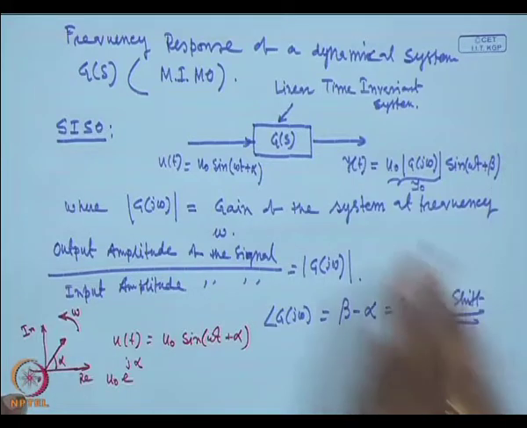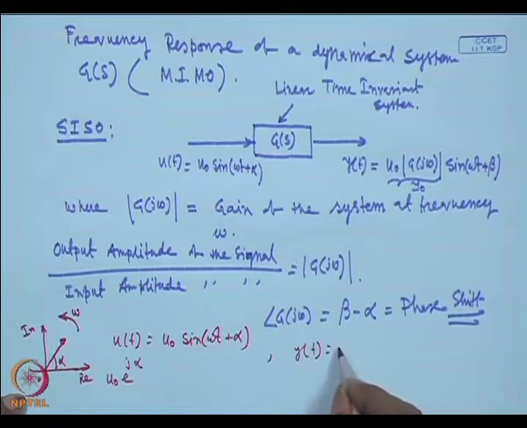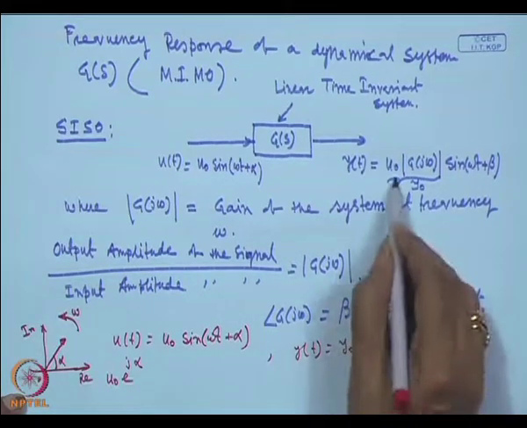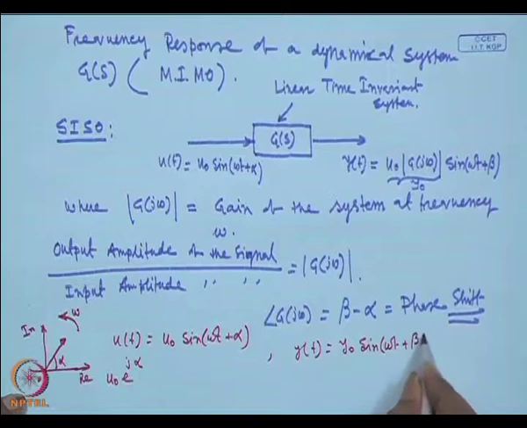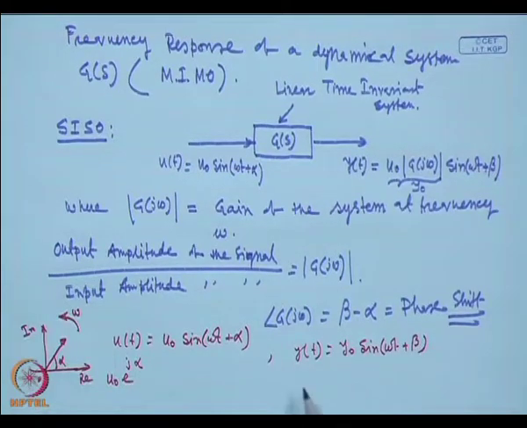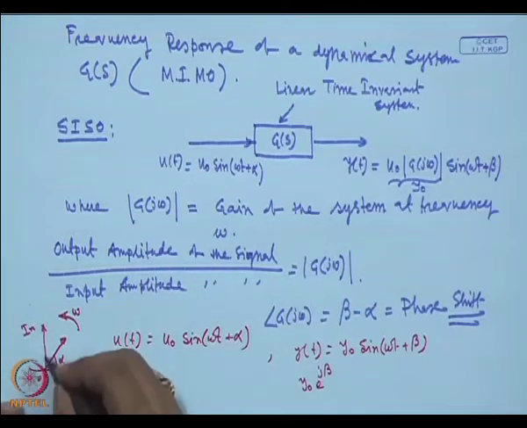How will you represent the output? y(t) = y0 sin(ωt + β). How will you represent it in phasor form? This will be y0 e^(jβ), and that vector is rotating with the angular velocity ω. The phase angle is β.